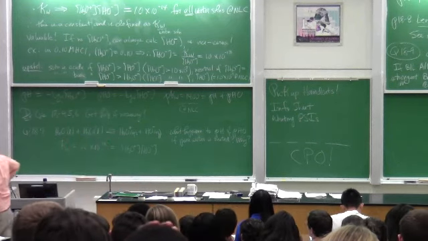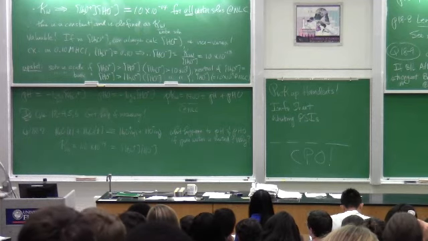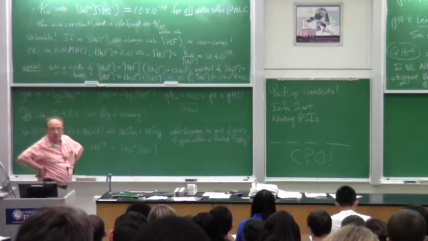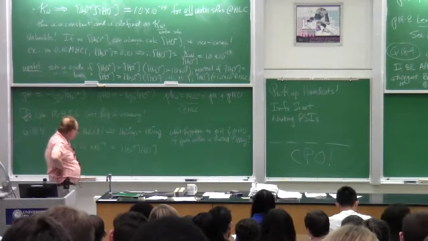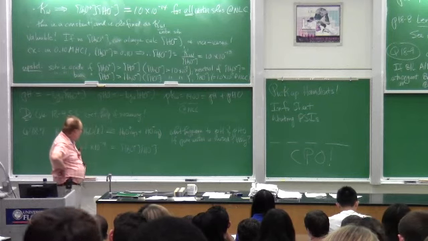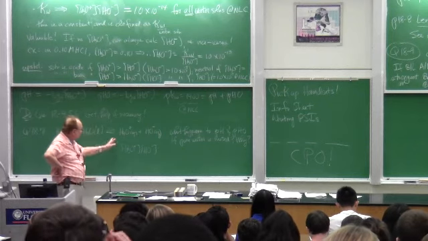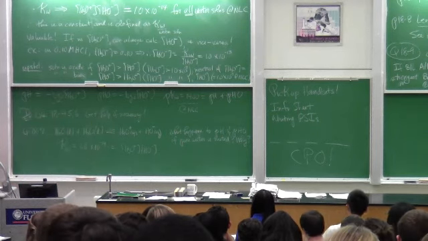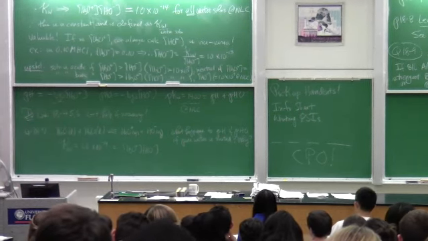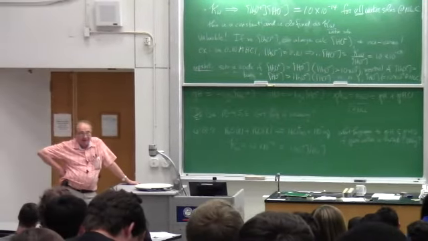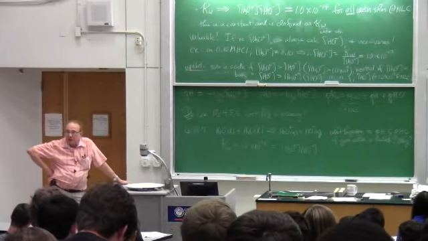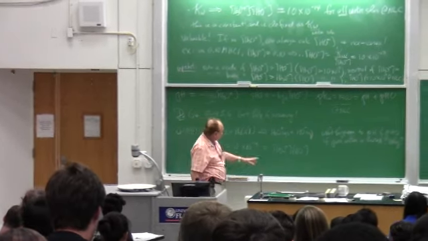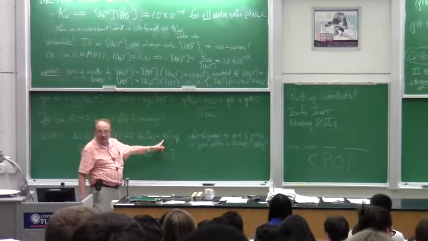Well, if I have pure water, 1 liter thereof, 55.3 moles of water, and in this sample, I wind up with only 1.0 times 10 to minus 7 moles of hydronium ion and 1.0 times 10 to minus 7 moles of hydroxide ion. You think it's a fair statement that this reaction has gone to a very small extent? 55.3 moles of water converted to only 1.0 times 10 to minus 7 moles of this and 1.0 times 10 to minus 7 moles of that.